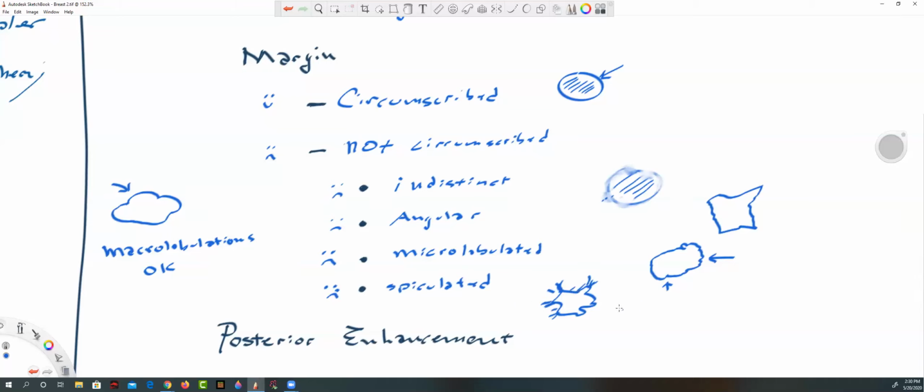But that's also why cancer doesn't move.